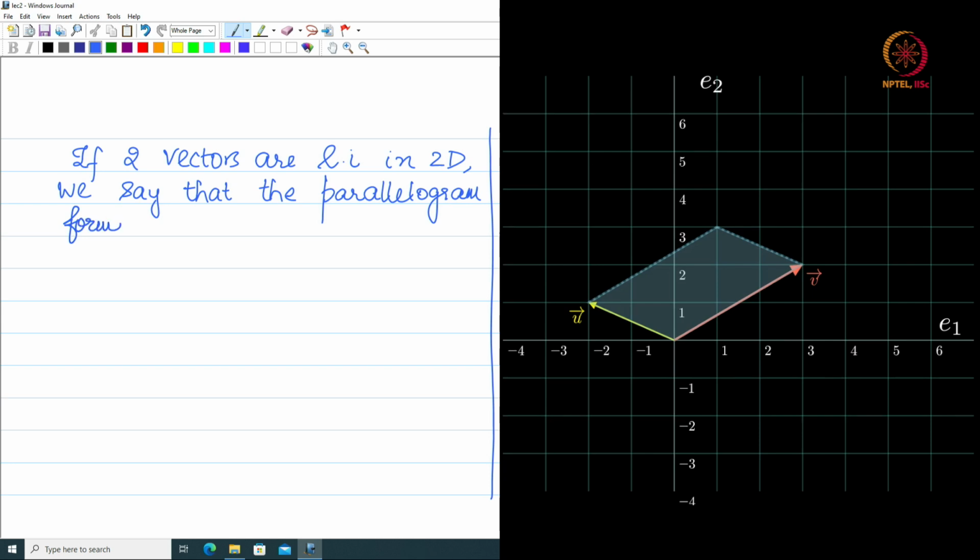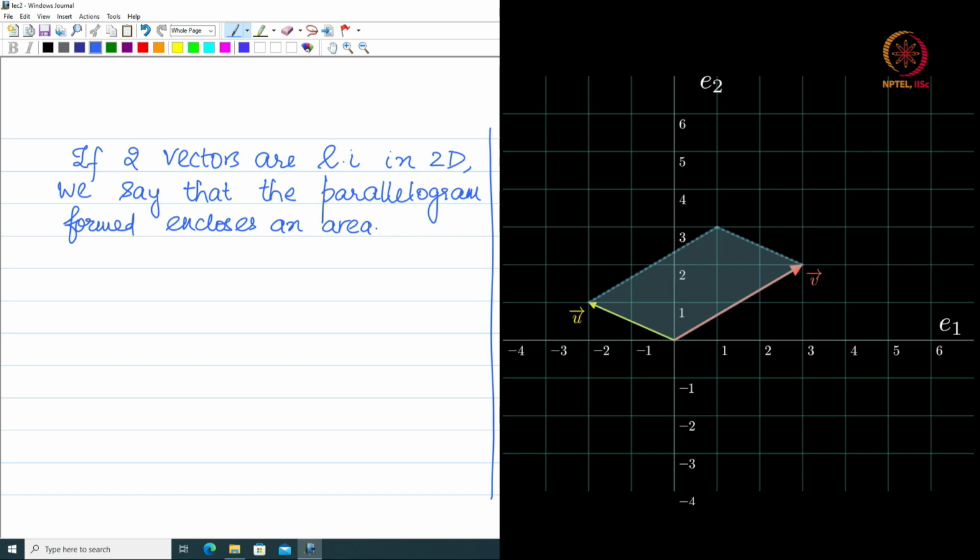And what is that area? We will see again that if you put these two vectors as the two columns of a 2 by 2 matrix, the area of the parallelogram is basically given by the determinant of the matrix. We will do a proof for that.